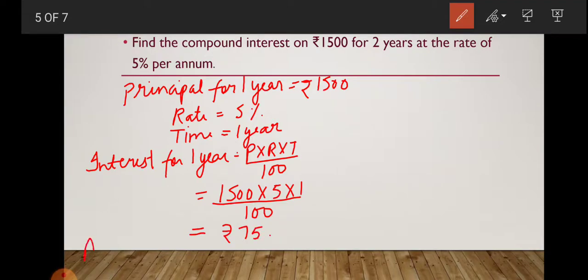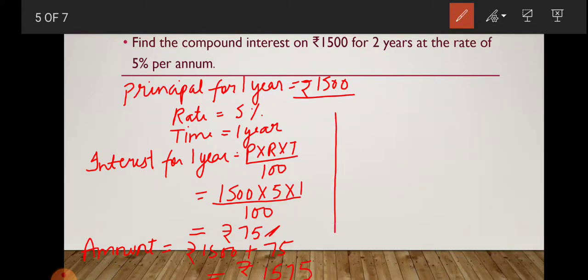So amount is equal to principal plus interest. So amount is rupees 1575.